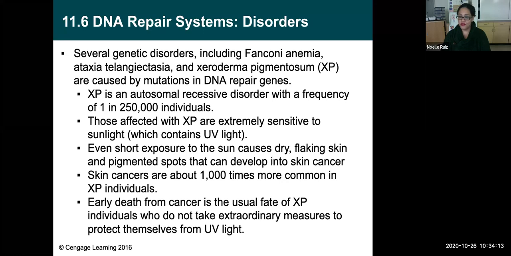And it usually results in early death if these people don't take extraordinary measures, slather themselves in sunblock, stay out of the sun almost completely. This is probably where the tale of the vampire came from. People who really couldn't go out in the sun without getting seriously injured.